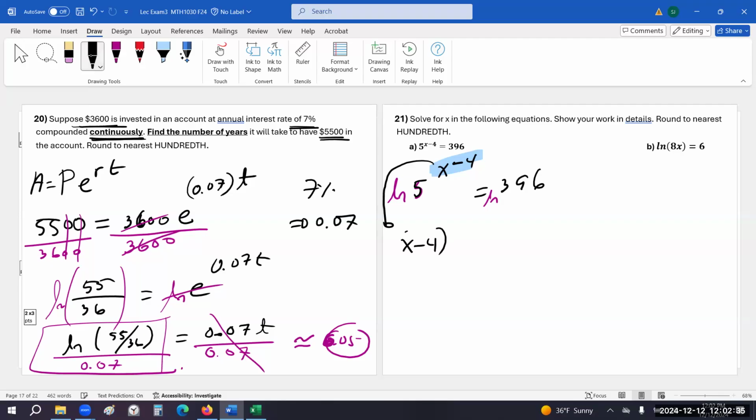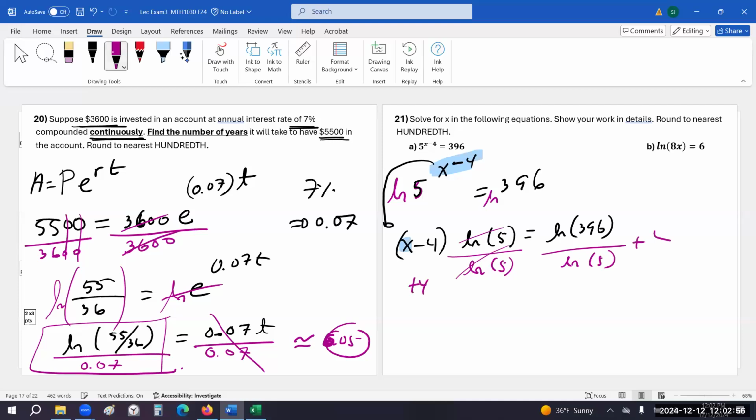So x minus 4 comes down and we have ln of 5, ln of 396. Our goal is to get this x alone. That means we have to get rid of this thing first, and then we can add 4. So that's the final answer.